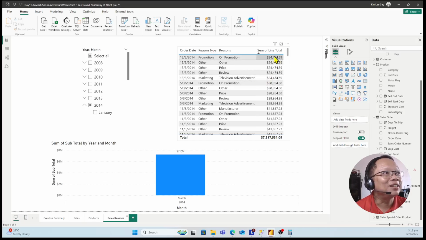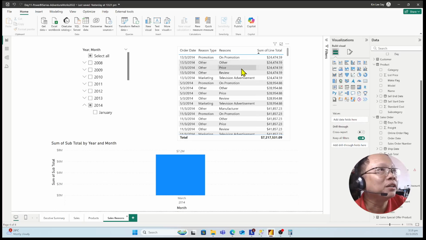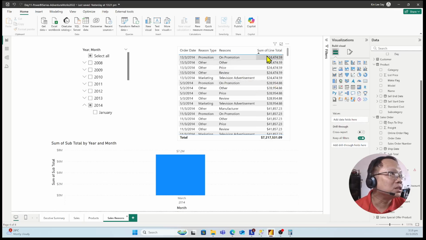It doesn't mean that 24,400 is for promotion. All these add up to 24,000 based on the data that I have. I don't have segment data for each at this time. This is the order date, this is the reason type, and this is the reasons. As you can see, this is the least.